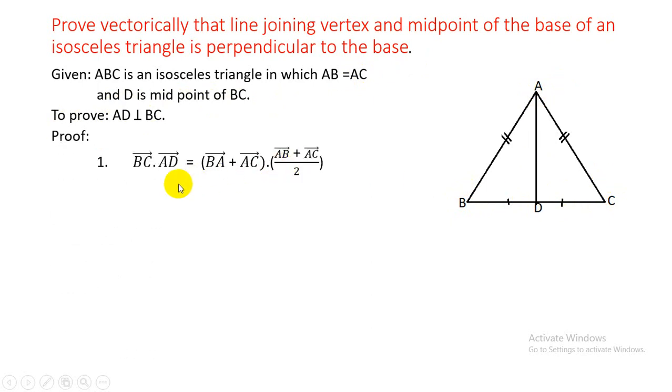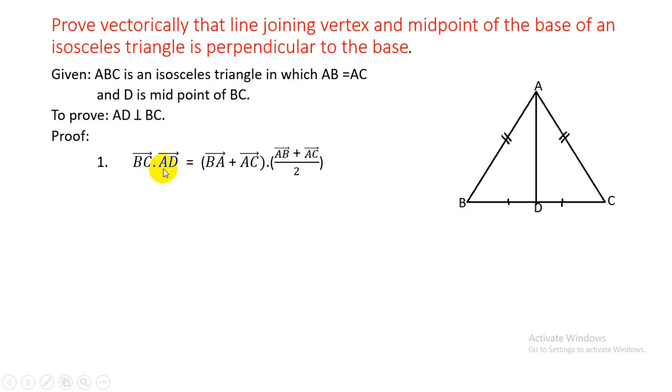At first take BC vector dot AD vector. Now why are we taking BC dot AD?